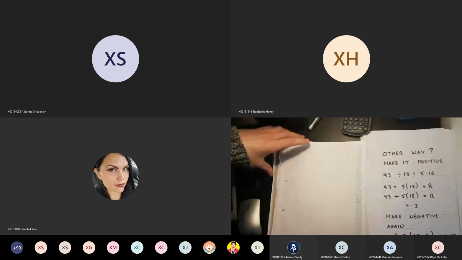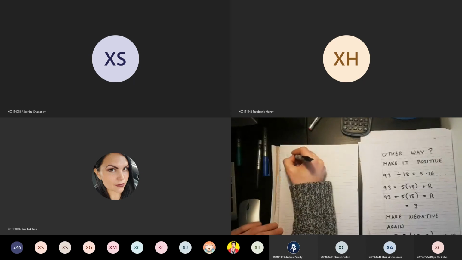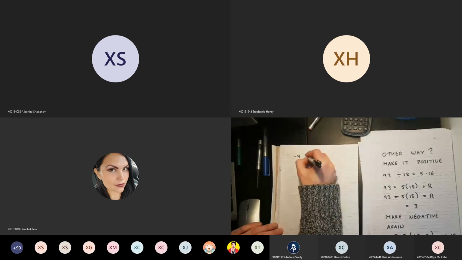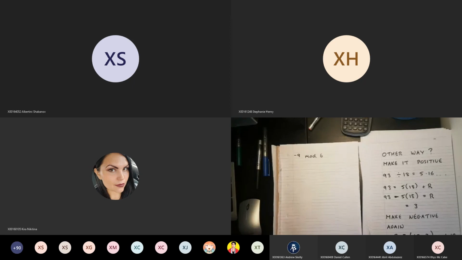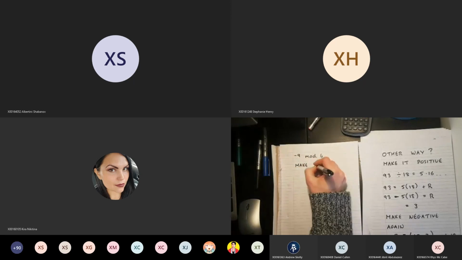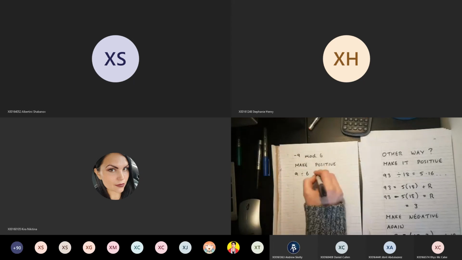Let's take the really simple example of, say, -9 in mod 6. Small numbers, easier to see. And let's say I made it positive first. So I would have 9 being divided by 6, and that would be 1, with something afterwards.